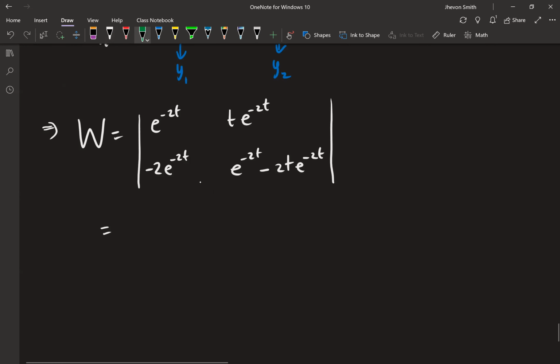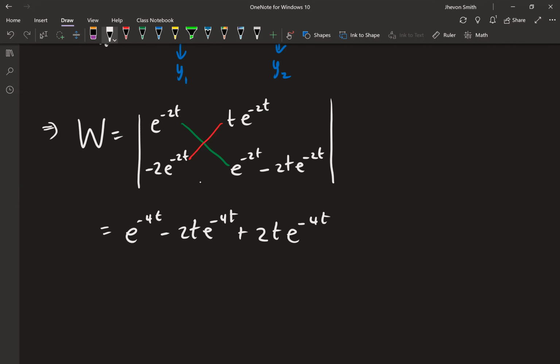And I'm going to multiply across this diagonal and subtract the product across that diagonal. So that will give me e to the -4t minus 2t e to the -4t plus 2t e to the -4t. So the Wronskian here is just e to the -4t.